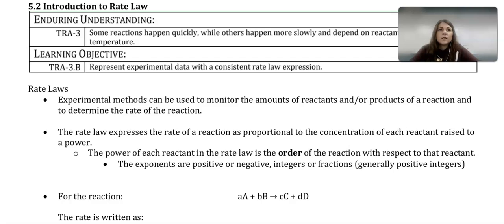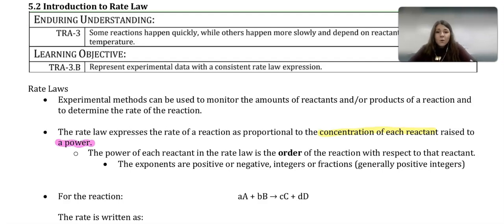Remember, reactants are being consumed, so they would be decreasing in concentration, and products would be increasing. In 5.1, we talked about rate of disappearance and rate of formation. So the rate law expresses the rate of a reaction as proportional to the concentration of each reactant raised to this thing called a power.